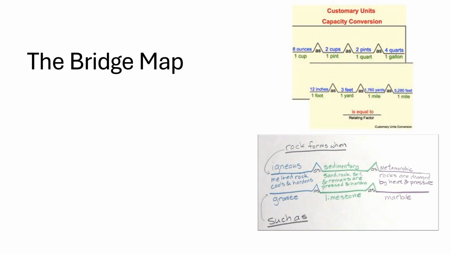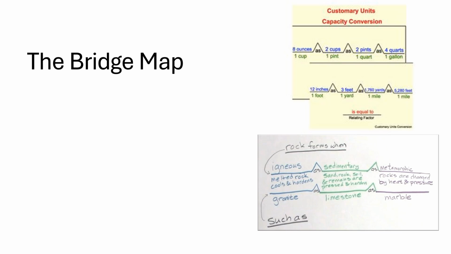For example, in this example that you can see, igneous rocks form when melted rock cools and hardens, as sedimentary rocks form when sand, rock, soil and remains are pressed and harden, as metamorphic rocks form when rocks are changed by heat and pressure.